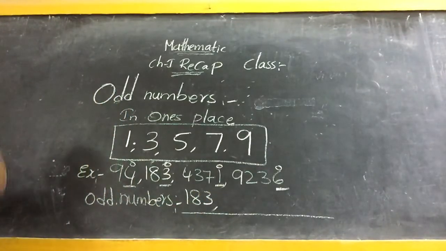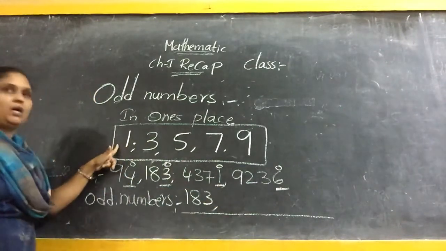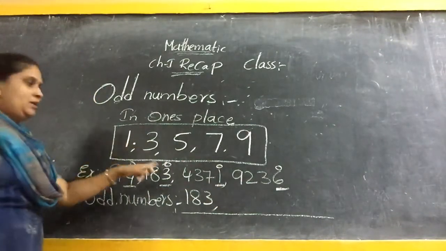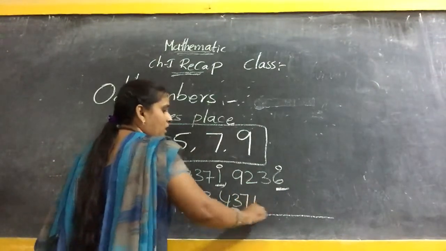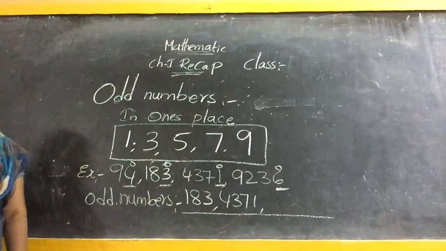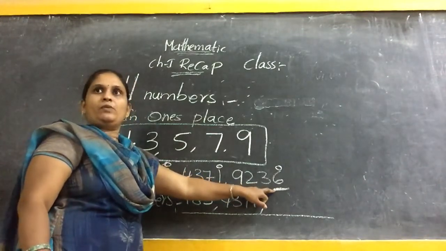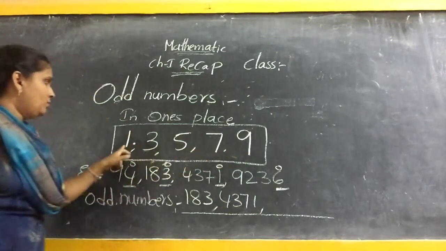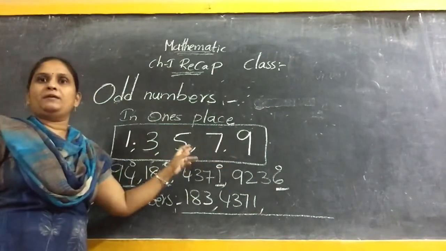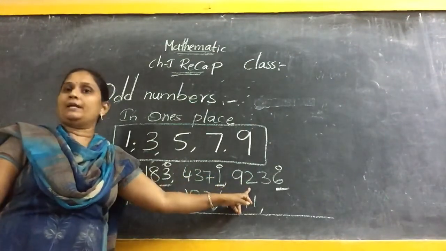Next, in ones place 1 is there, and in our list also 1 is there. So 4371 is also an odd number. Next, the last number has 6 in ones place. Is there a 6 in the list? 1, 3, 5, 7, 9 should be there, but 6 is not there. So that is not an odd number.